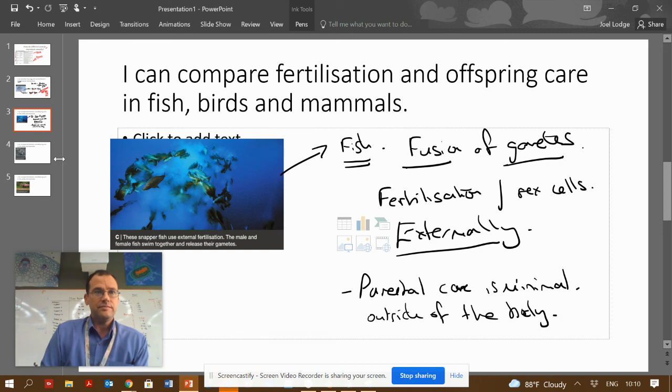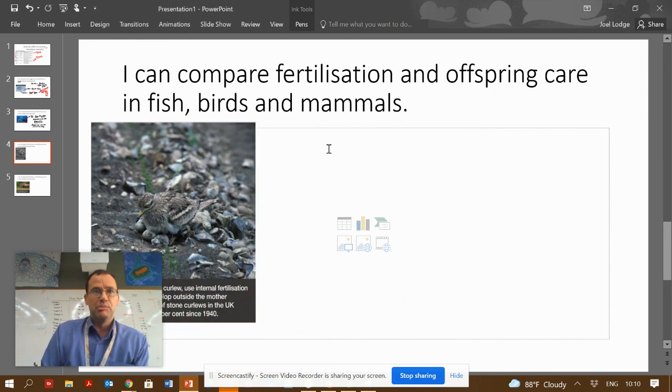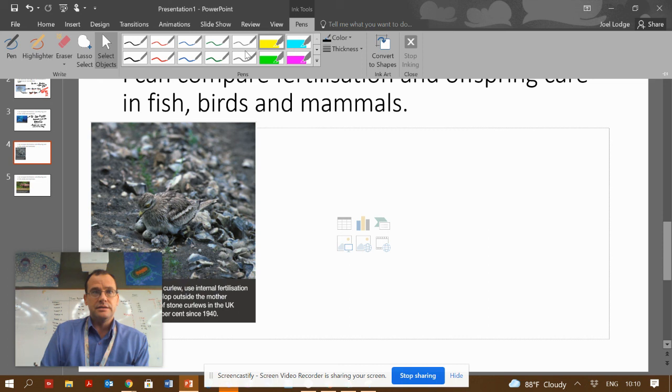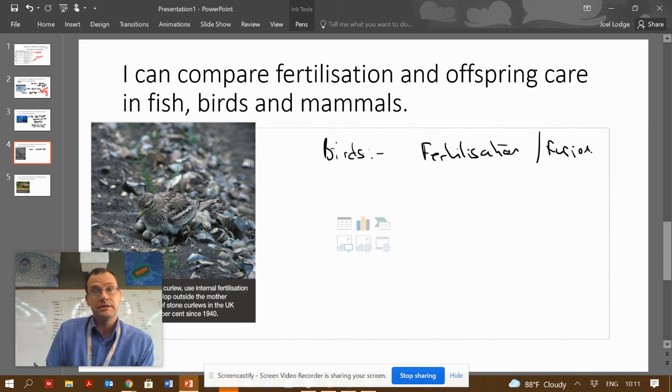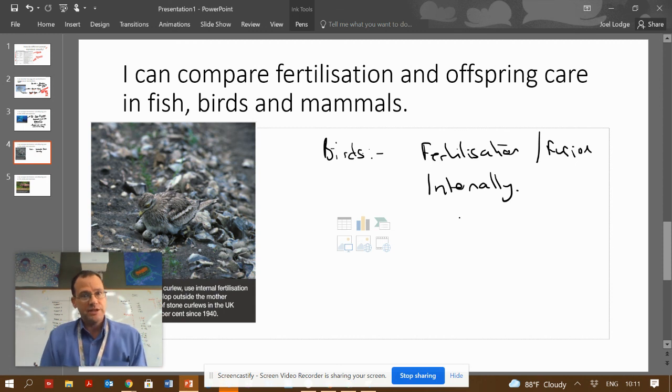Now let's look at birds. Different group of animals. So in birds, fertilization, or fusion of gametes, occurs internally. They have structures that help this happen, where a structure will put sperm inside the female to fuse with the egg, so that happens internally.